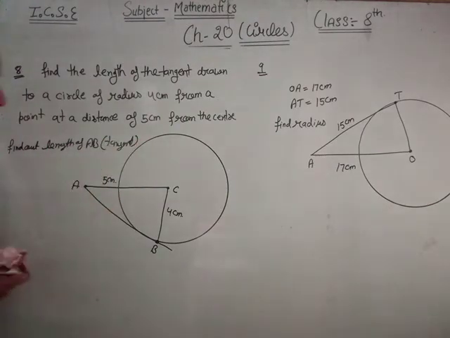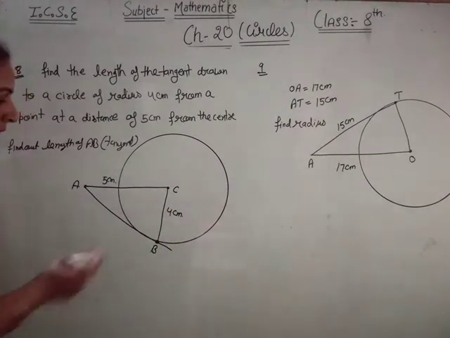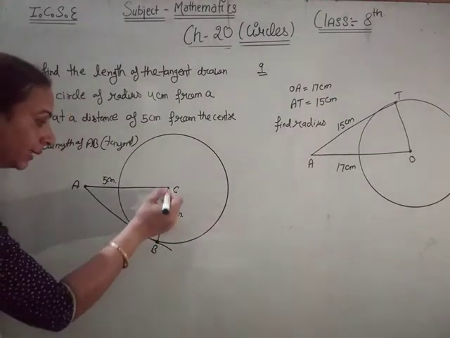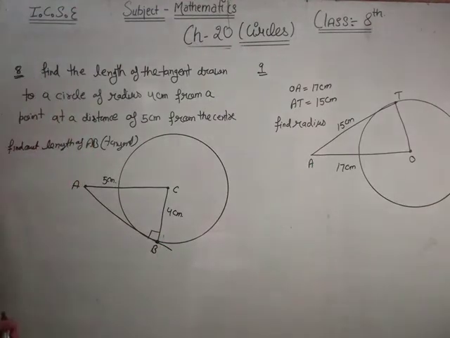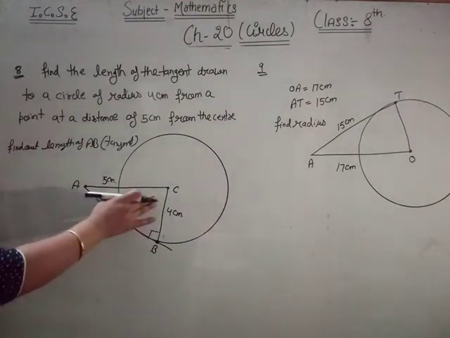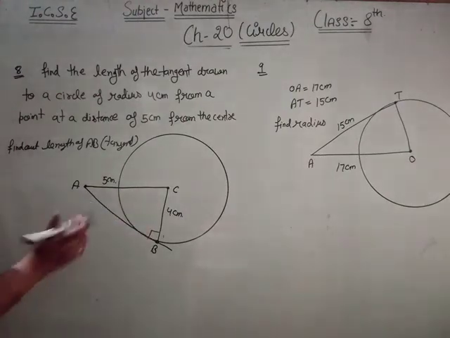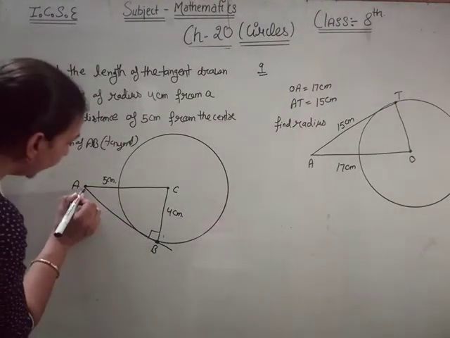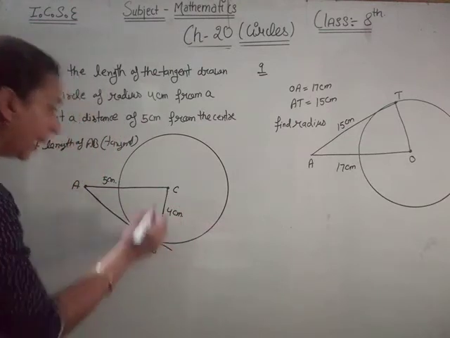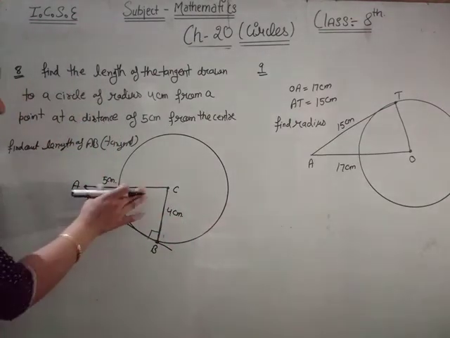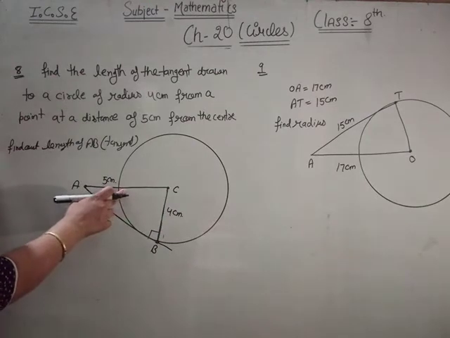Okay student, this is 5 cm and this is 4 cm, and we know that at the point of contact where radius and tangent meet, this angle is 90 degrees. Then this is a right angle triangle, in which this is the base, this is the perpendicular and this is the hypotenuse. Hypotenuse is opposite to 90 degrees.